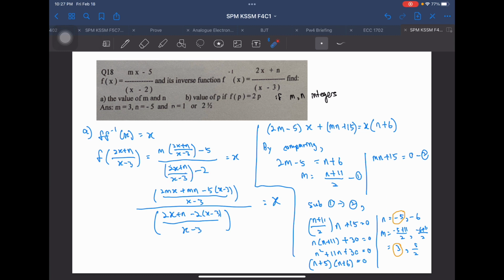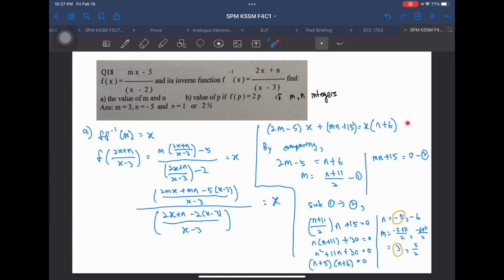So this is what I did. Now you can cancel out this and this, so you only have this over this equals x. Then I move the denominator to the right hand side, so it becomes multiplication. After some simplification, you get this.